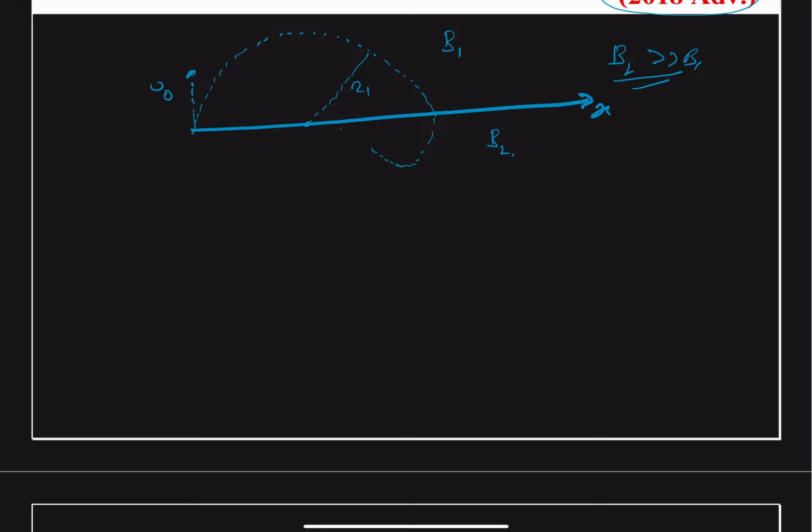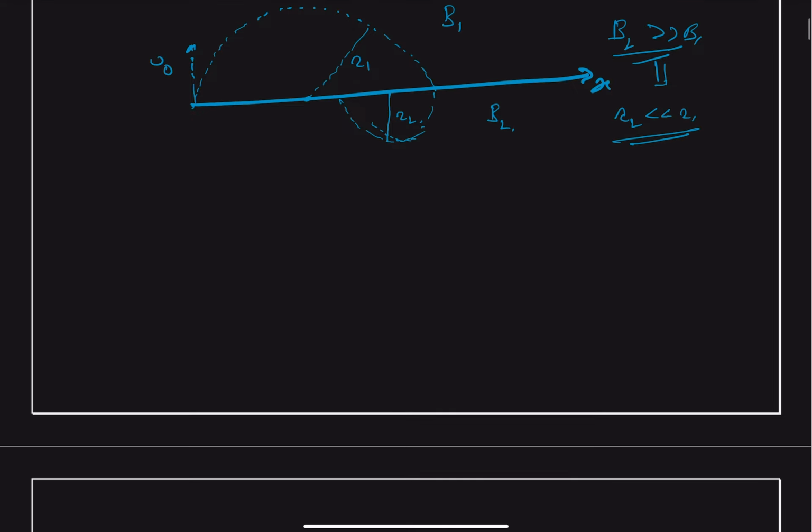Let us suppose this is the path traversed by the charge when it is in the B2 magnetic field, and here R2 is the radius. Because of this relationship, R2 will be very much smaller than R1, because the strength of magnetic field B2 is much larger than B1.